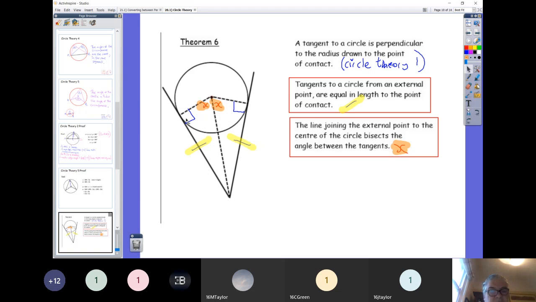They are congruent triangles because not only do they have the angles in common, they have a side, the radius, in common. So by definition, therefore, that length must equal that length. And then the other thing that obviously flows from this, because this is x and this is x, that length there, by definition, is bisecting the quadrilateral because we've got 2 x's. So if you could just work through that one as well, that would be good.